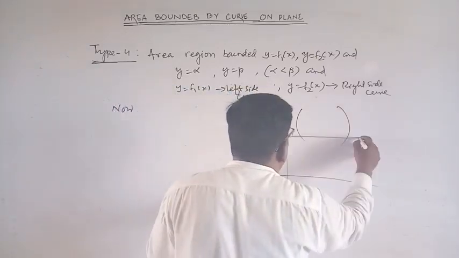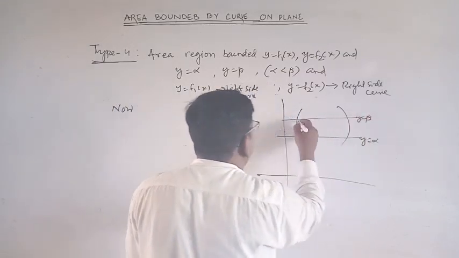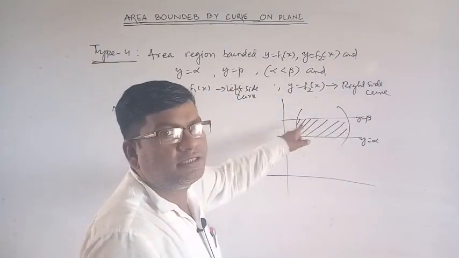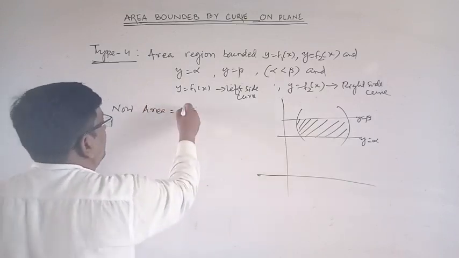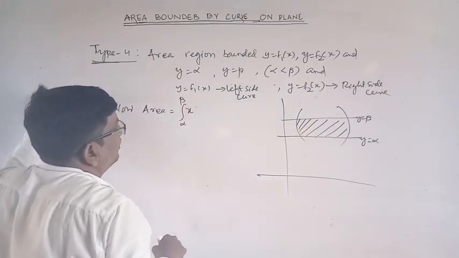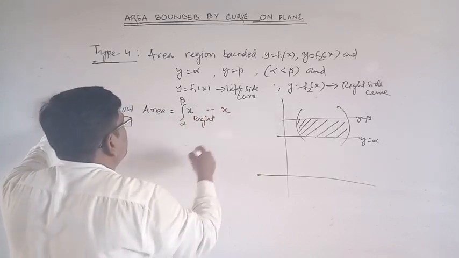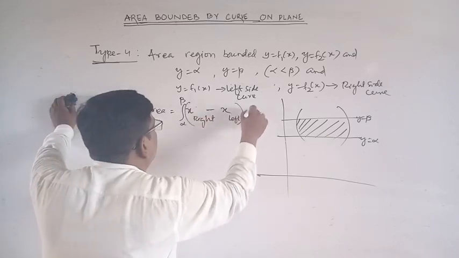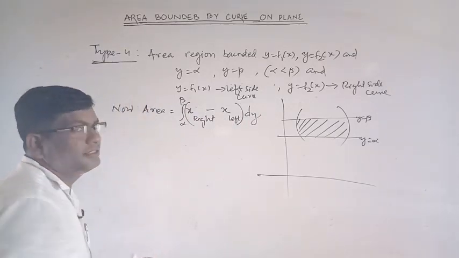So y is equal to alpha here, y is equal to beta here. So the area of this region is equal to the integral from alpha to beta of x right minus x left into dy, where x is a function of y.